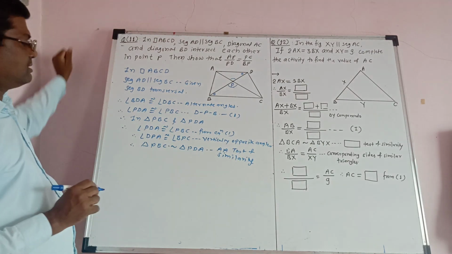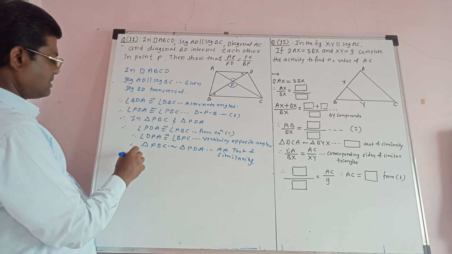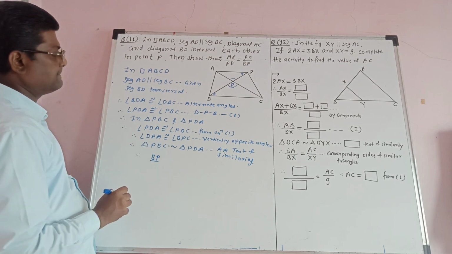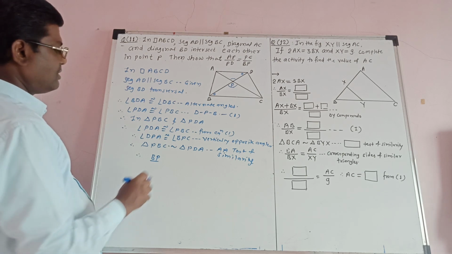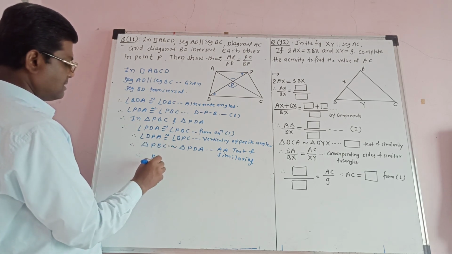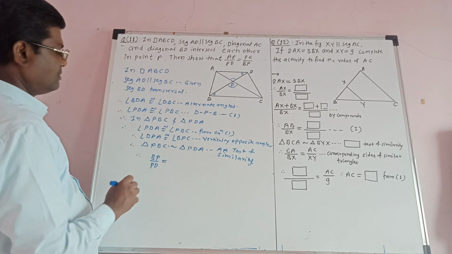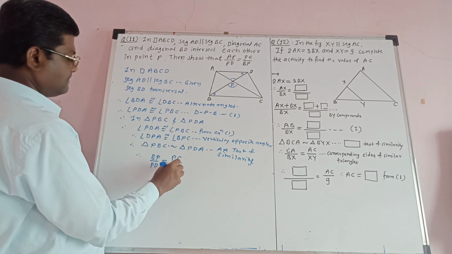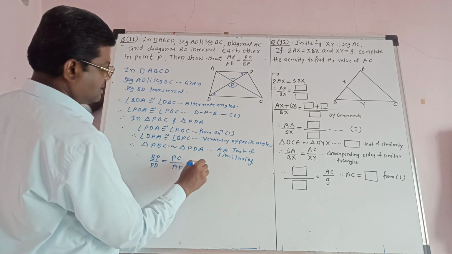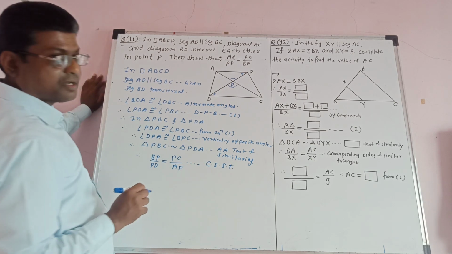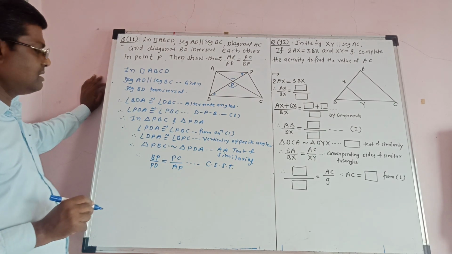Therefore we take the ratio of corresponding sides: BP upon PD is equal to PC upon AP. Reason is CSST, corresponding sides of similar triangles.